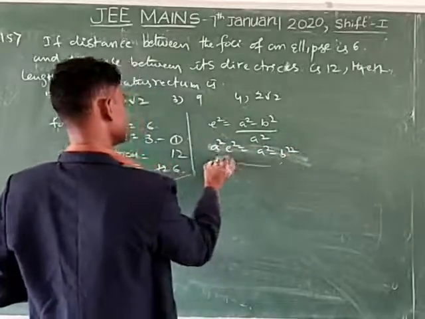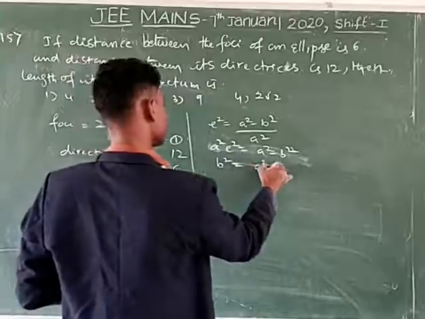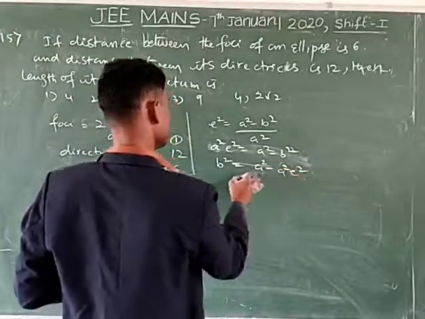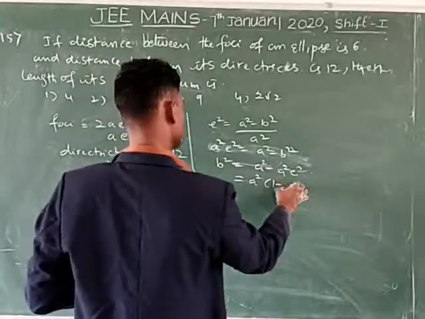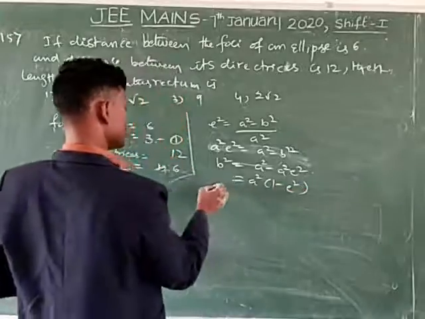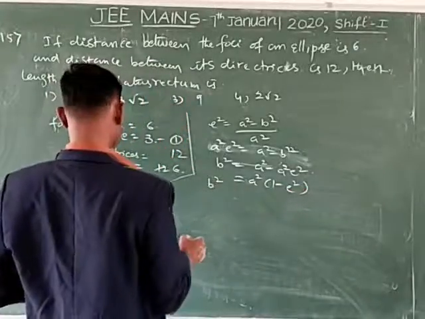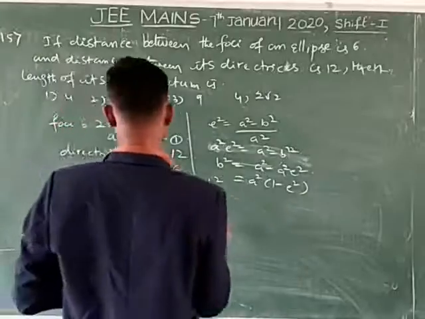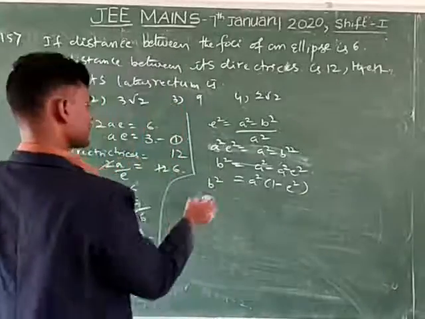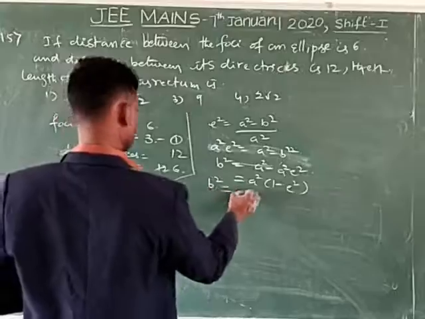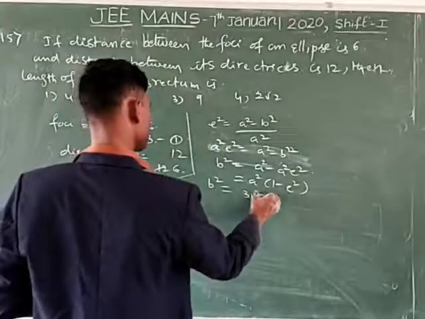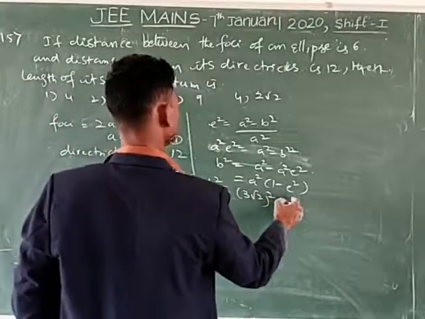Now B square is equal to A square minus A square E square. A square common, so B square is equal to A square into (1 minus E square). A square value we know is (3 root 2) whole square, minus 1 minus E.